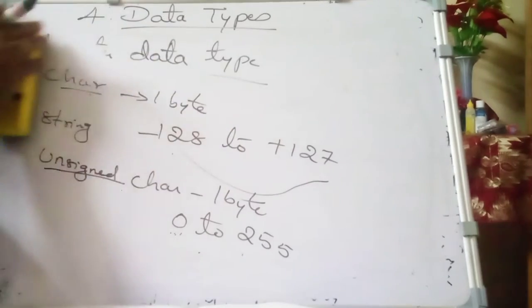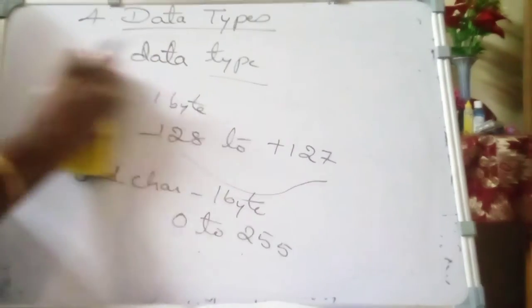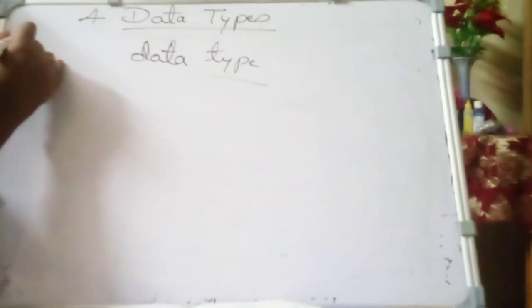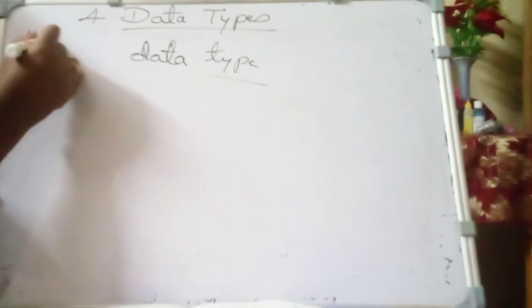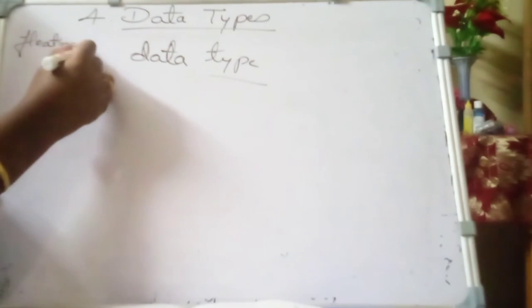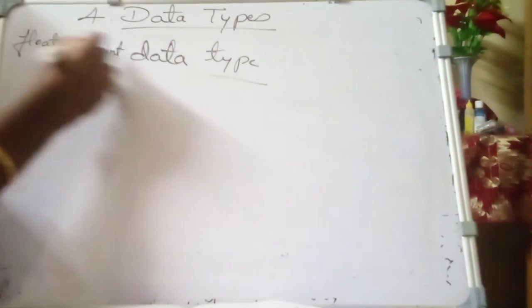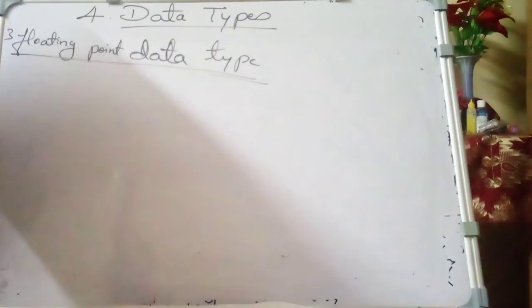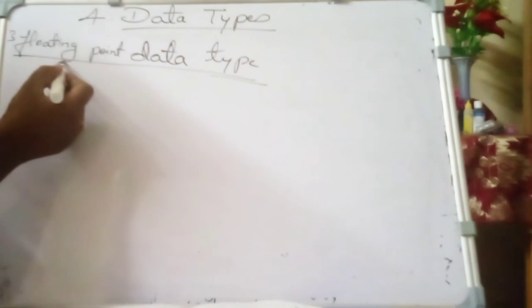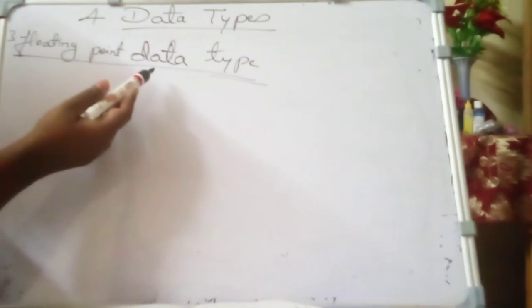The next kind of primitive data type is the floating point data type. So now we are discussing the third type, floating point data type. To represent decimal numbers associated with fractions, we make use of this floating point data type.